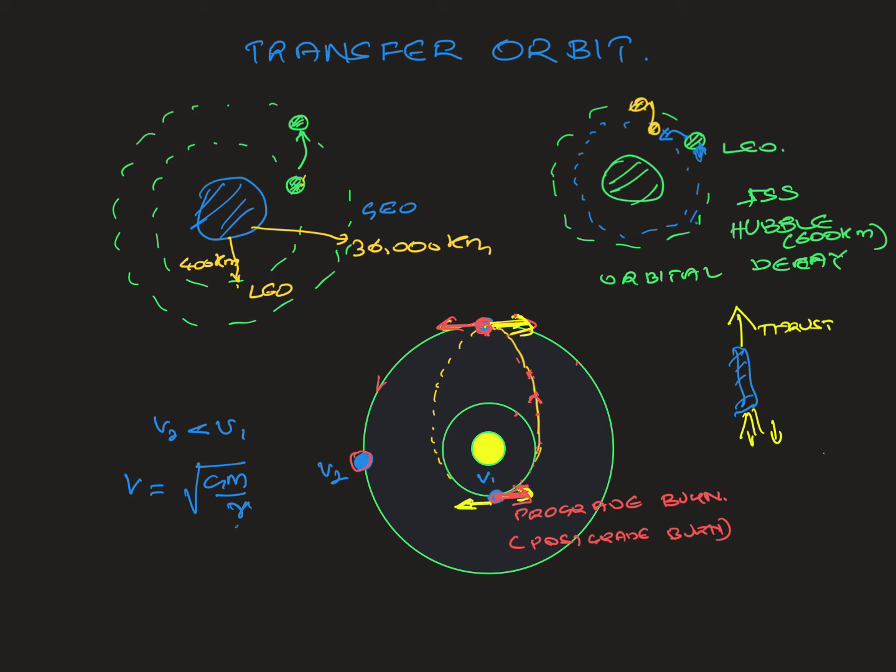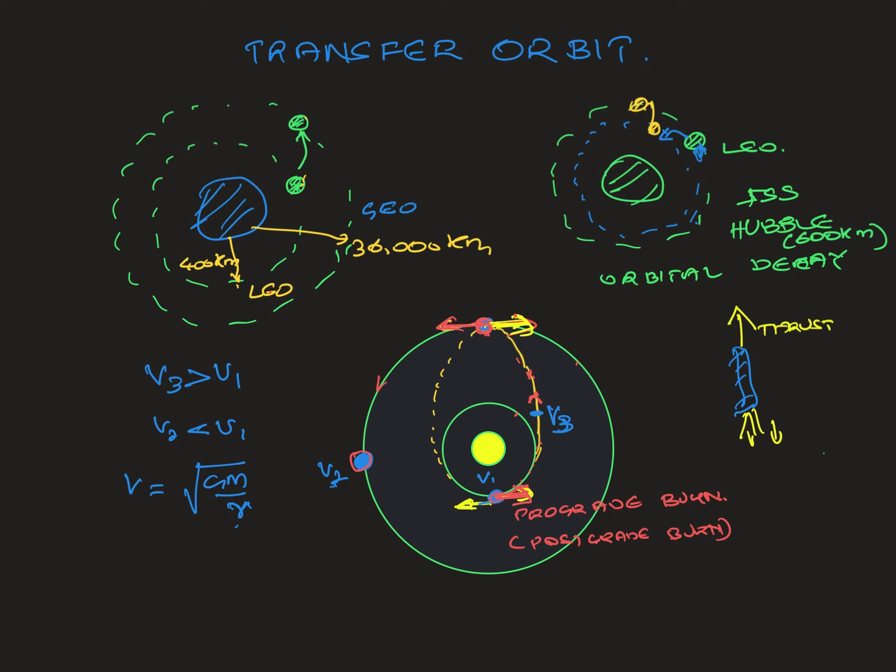So what's happening? When we give a boost by firing the rocket this way, the velocity increases here. If the velocity here is V3, V3 is bigger than V1, but V2 is less than V1.